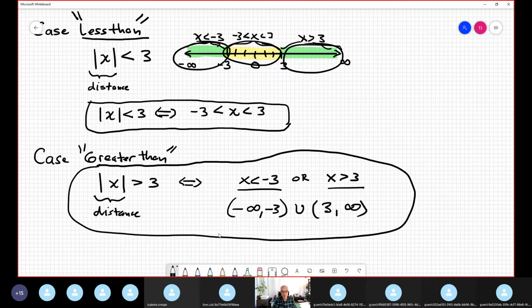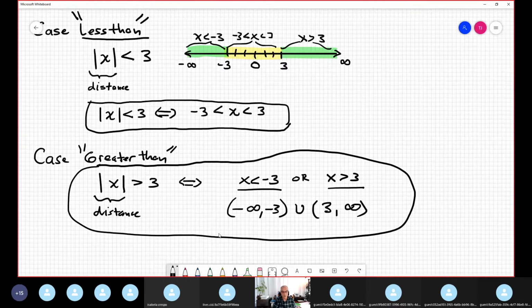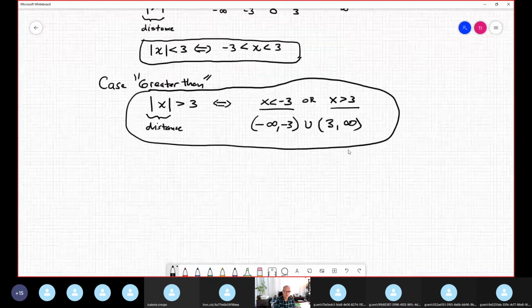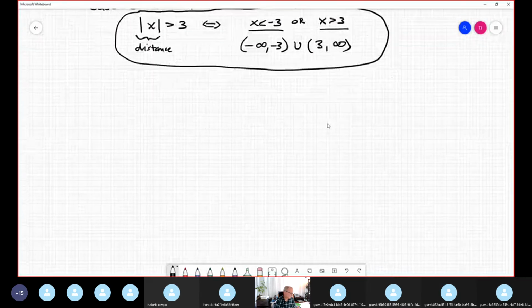Some people get confused and think that in a problem of greater than it is one interval. No, it's two intervals. And a problem of less than is one interval. Yes. Okay. Is this clear or confused?